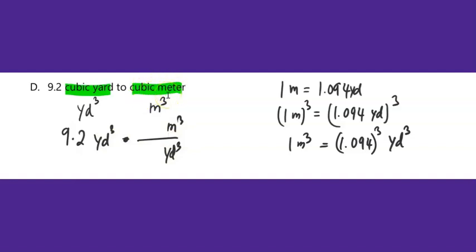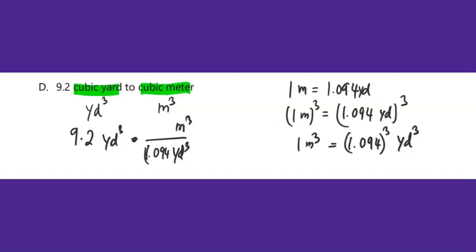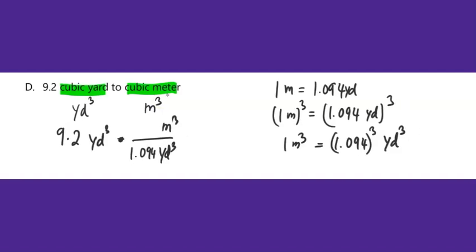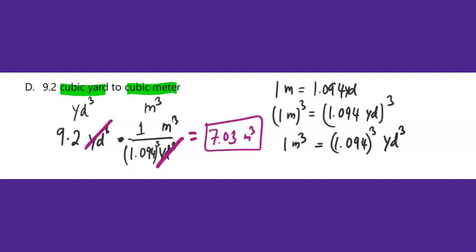How many yard cubed? 1.094 to the power 3, and on top 1 meter cubed. Yard cubed cancels, and the answer must be 7.03 meter cubed. So that's the unit for the answer.